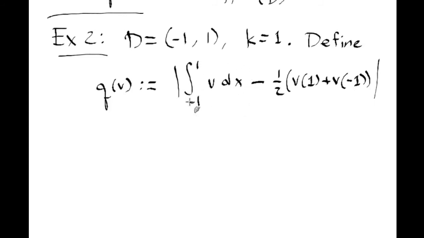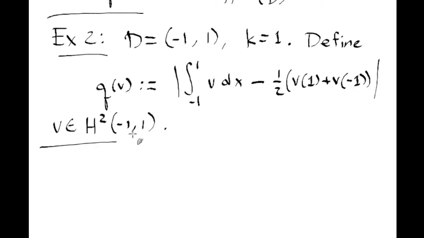So we have the exact integral minus the quadrature rule, and we want to see how close this quadrature rule approximates the integral. And again, this is for v in H^2(-1, 1). Technically, I should put another parentheses, but it gets clunky.